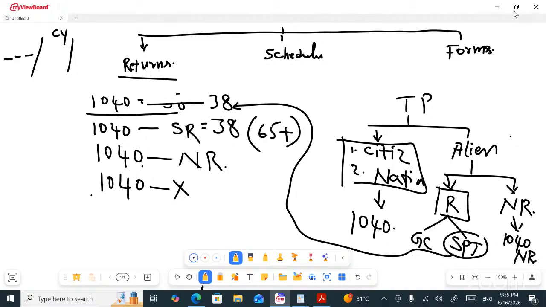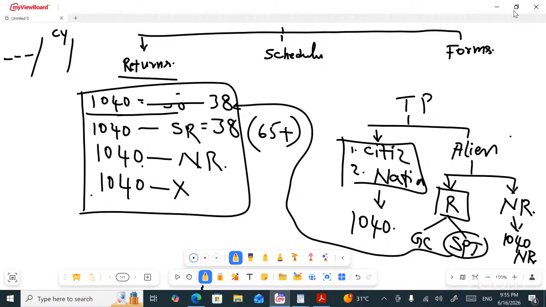Definitely, the taxpayer has the option to rectify that error by filing 1040X. So finally, the major documents are 1040, 1040 SR, 1040 NR, and for amendment purposes 1040X. These are the main returns to be covered.